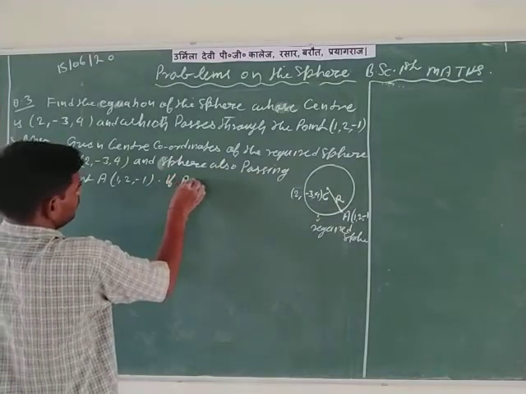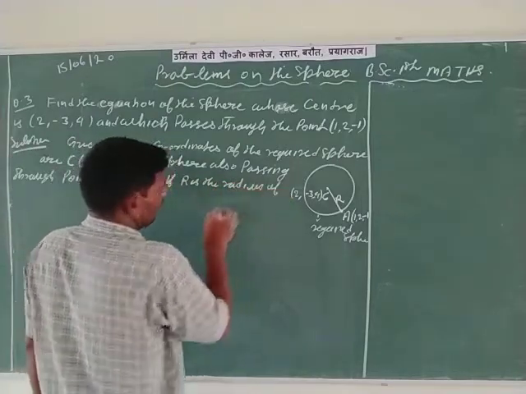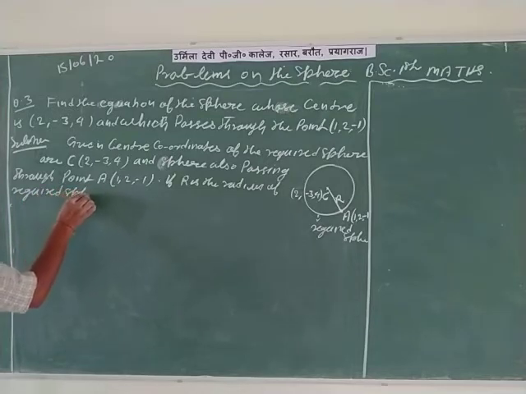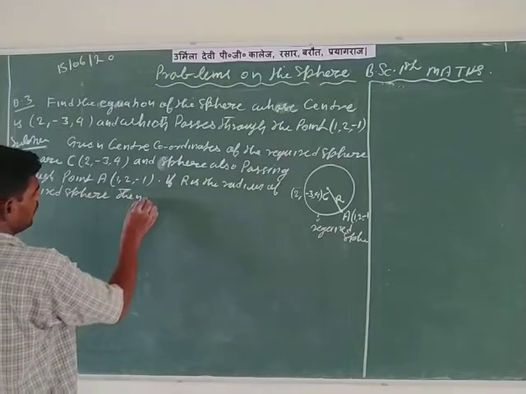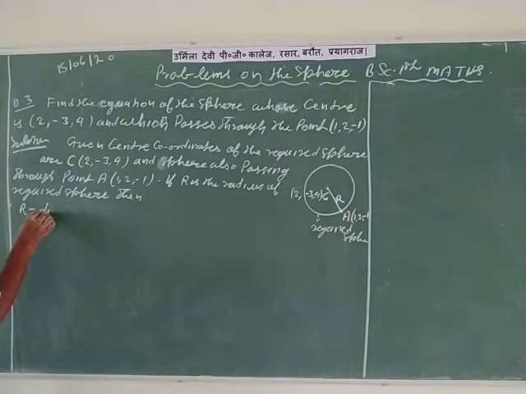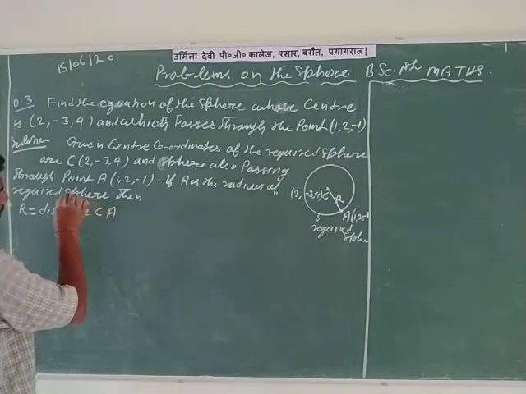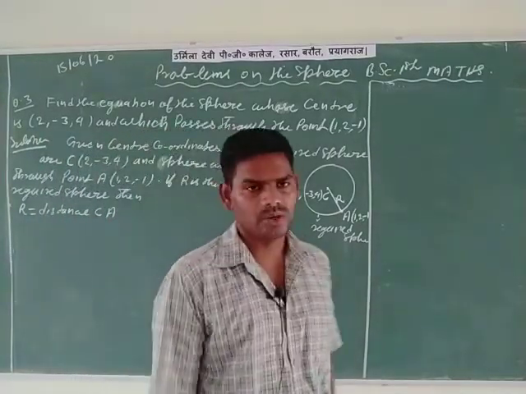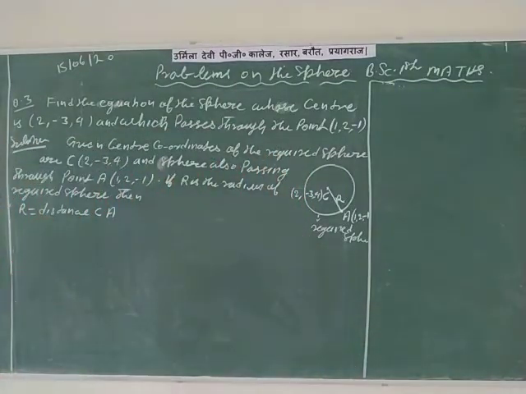If R is the radius of the required sphere, then R is equal to the distance CA or AC, because the distance between C and A must be equal to the distance between A and C. Here you can use the distance formula.